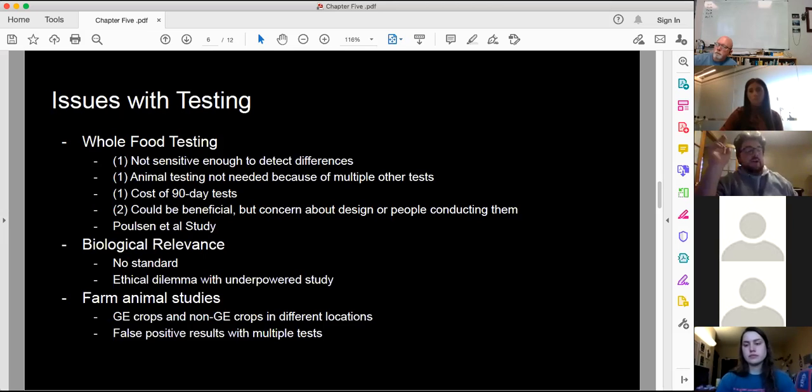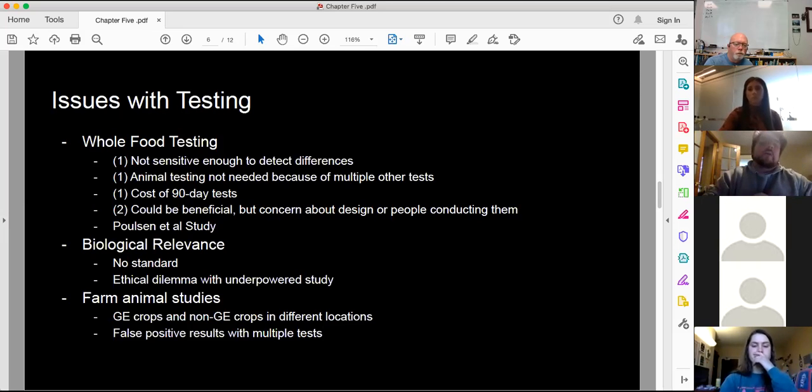The second school of thought is that the tests are beneficial, but they were concerned about the design, more or less who was picking what was, as I'll talk about later, biologically relevant. In terms of the Paulson et al. study, they said there's not a lot of difference in these statistics between GE crops and non-GE crops.